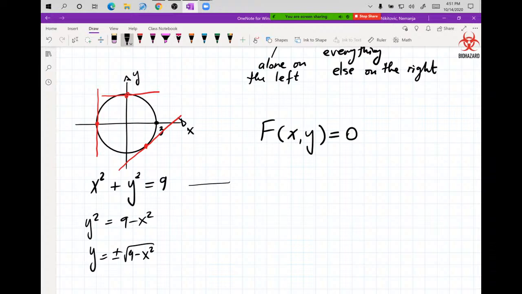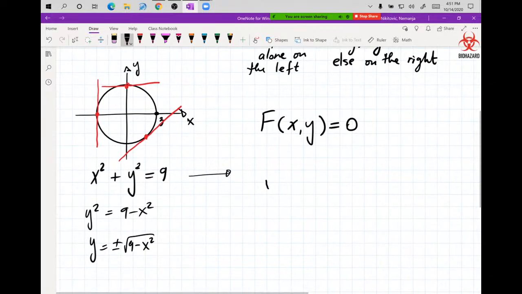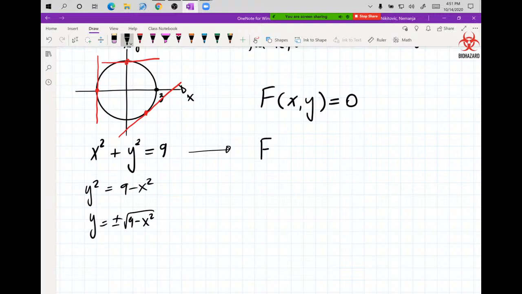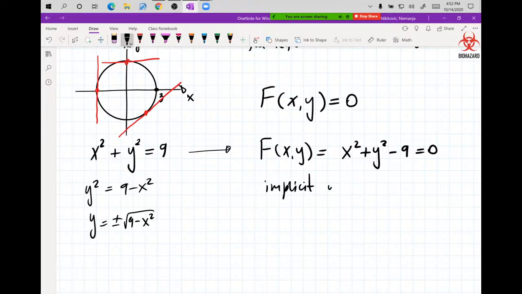Now this form will be used a lot in Calculus 3. You would say f of x, y is equal to x squared plus y squared minus 9 equal to 0. So you can see that this is equal to 0, and in between you have what we call now the implicit way to write these expressions.